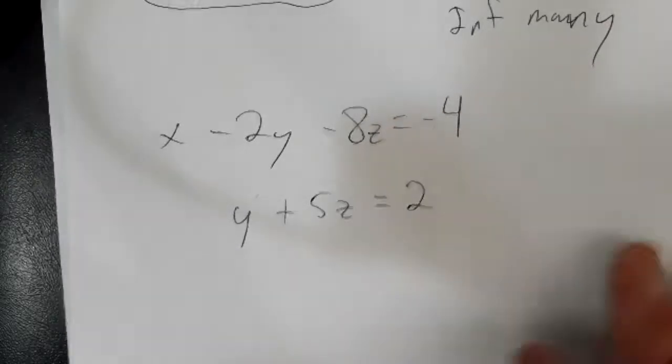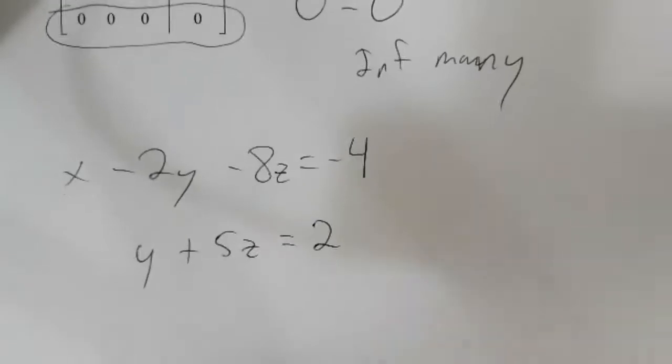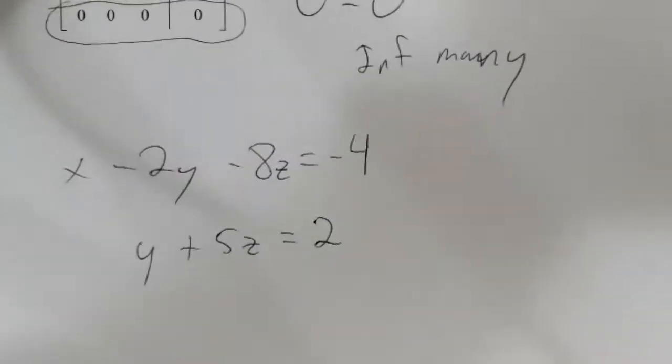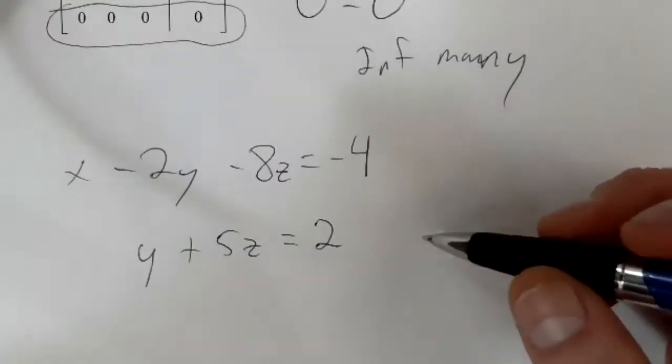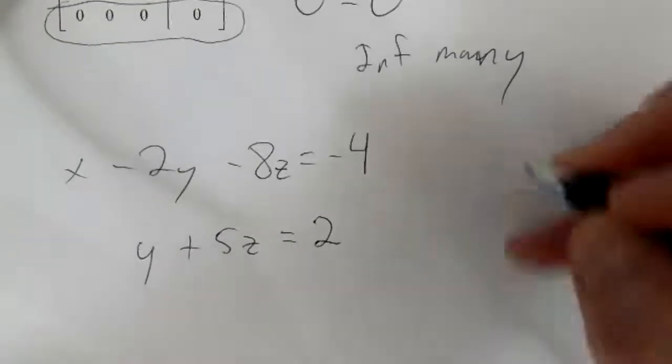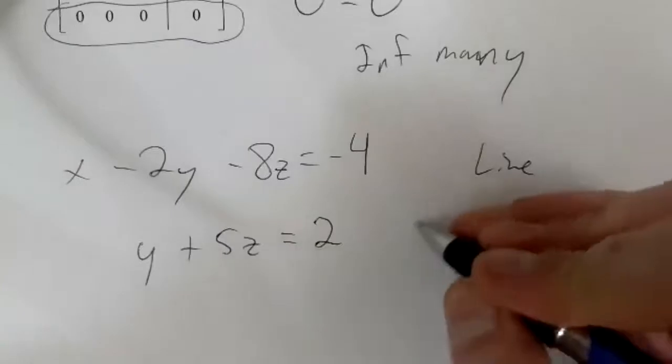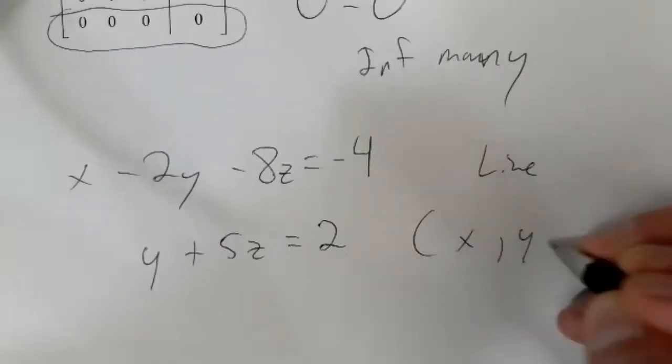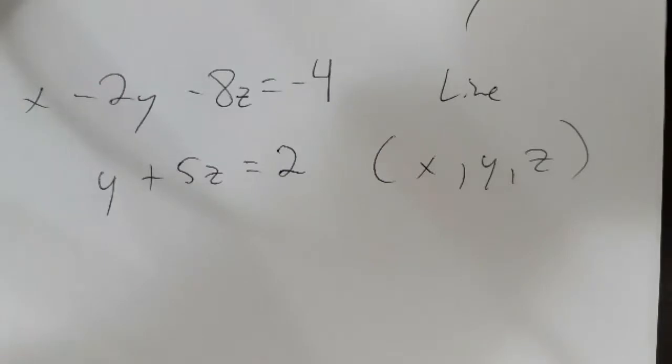And so this has infinitely many solutions, but it's not just any and every solution out there, right? It's not any and every solution out in 3D space. And so we're looking at this thing, and it looks like a line, but it looks like a line in 3 space. So we want to write a line that has 3 different components, x, y, and z.